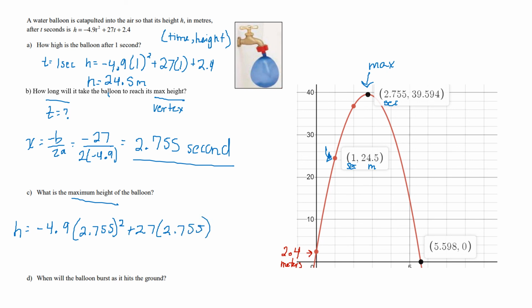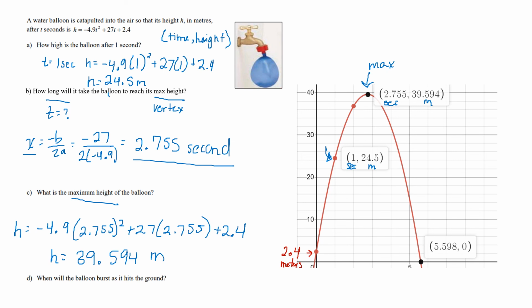We're not testing can you multiply decimals, we're testing can you solve quadratic equations in real world problems. So we put that in our calculator, you end up with 39 and 594 thousandths meters. Okay, so that is our highest height before it starts descending. All right, so again, this is finding that vertex, finding the x, plugging it in to find the y.